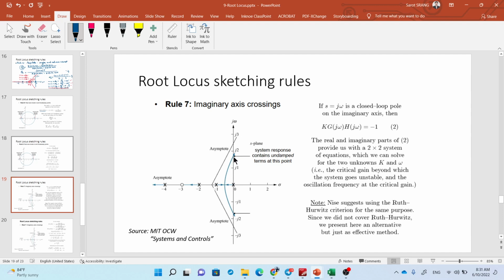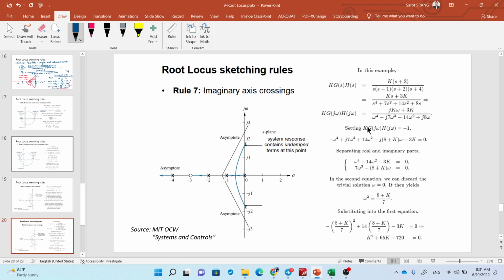But here, the intersection is on the imaginary axis, and you get complex conjugate roots. So when you substitute s by j omega in the characteristic equation, you get two equations for omega and K. You need to find the value of K that makes the roots lie on the imaginary axis.